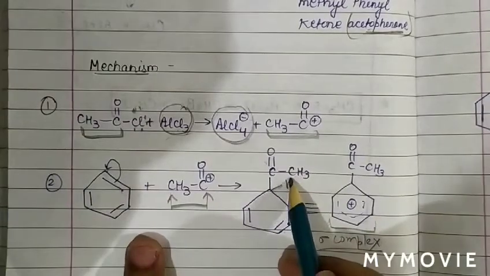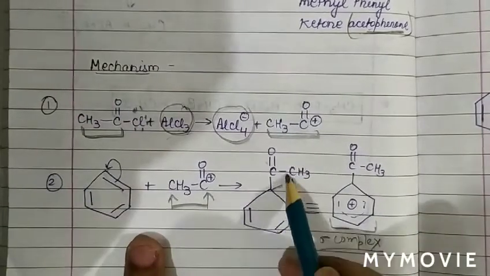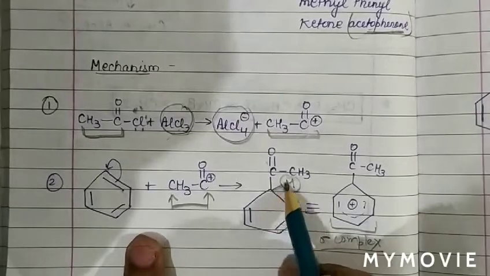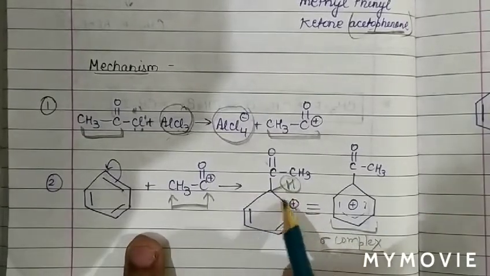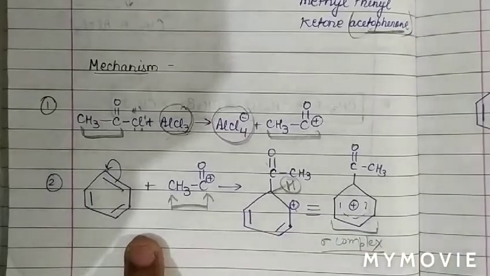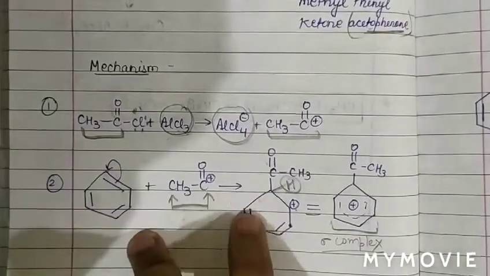Now again, to form the pi bond, this carbon-hydrogen bond will break, and the electron pair shifts in between these two carbon atoms. Now we can see what happens in the final step.